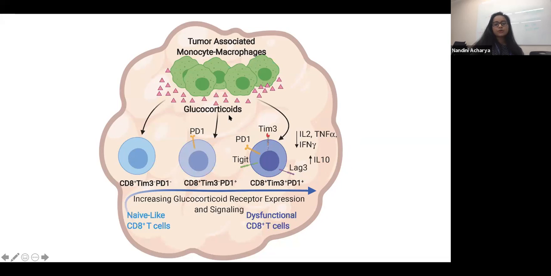We saw that glucocorticoids could be produced locally in the tumor microenvironment by tumor-associated monocytes and macrophages. And we've seen that if you therapeutically inhibit the production of glucocorticoids from monocytes and macrophages, or if you inhibit the sensing of glucocorticoids in CD8 T cells using knockout mice, as we did, you see better protection from tumor. So this shows that steroids are indeed a major determinant of anti-tumor immunity.